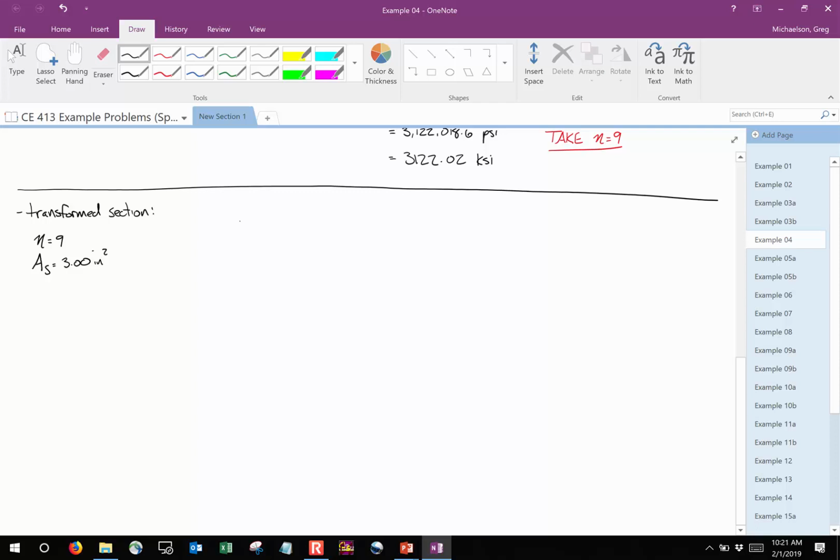Here's my beam, and we have rebar here, here, and here, and this is AS, okay? And we know that this dimension D is, what was D? 17 inches? And we know that this dimension B is 12 inches.